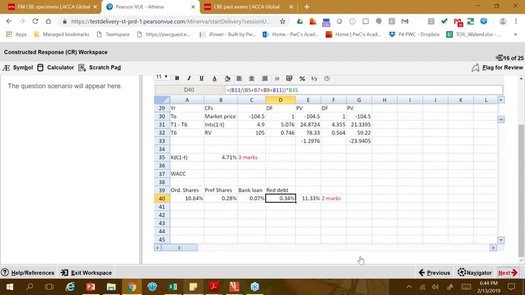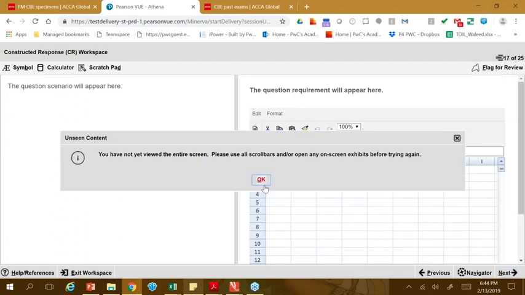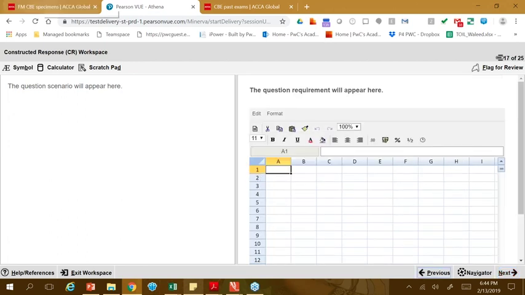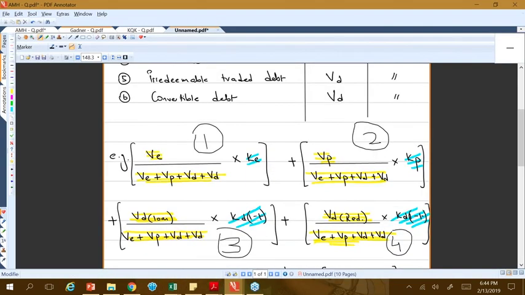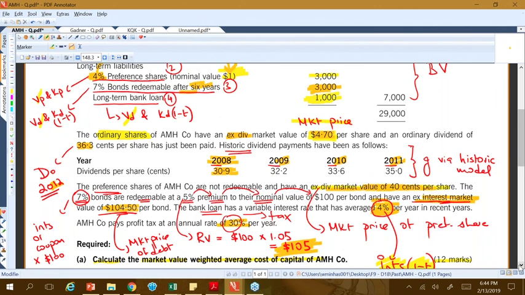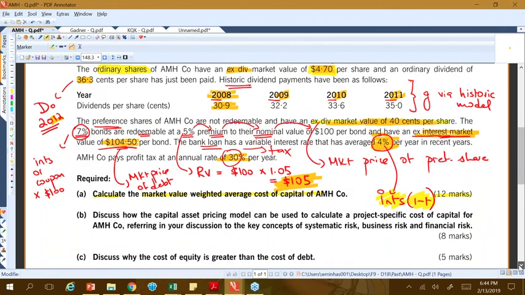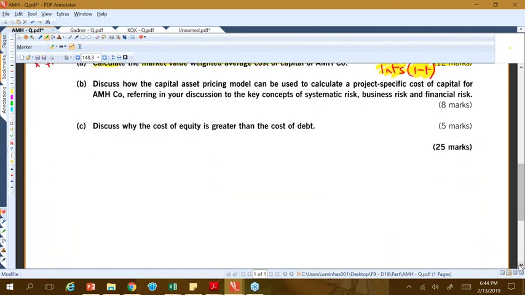Let's look at the other bits here on this question. There is a bit of discussion required here. Part B says, discuss how the capital asset pricing model can be used to calculate a project-specific cost of capital for AMH, referring in your discussion to the key concept of systematic risk, business risk, and financial risk for 8 marks.